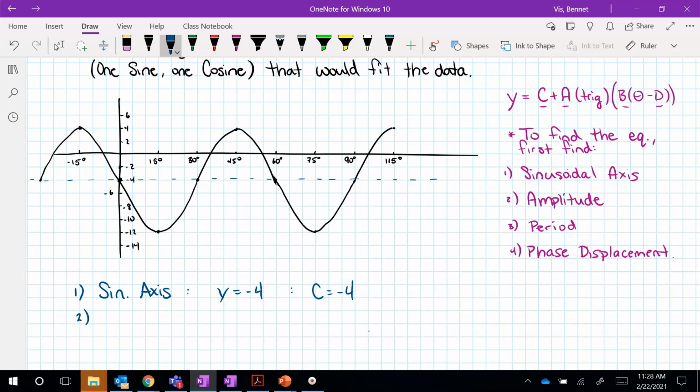Right. The next thing I need to find is the amplitude. The amplitude is defined as the distance between the midline and the top of the graph, or the midline and the bottom of the graph. The amplitude is not the whole height of the graph, it is only half of the height.